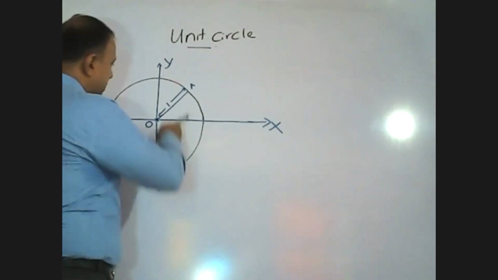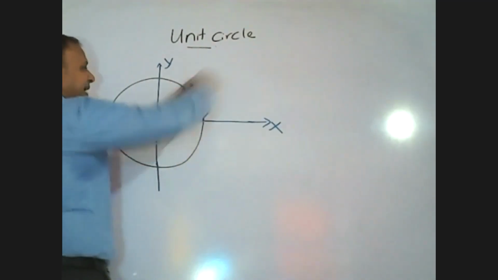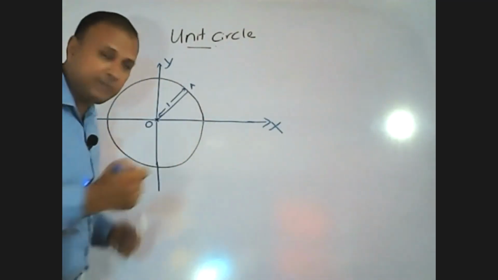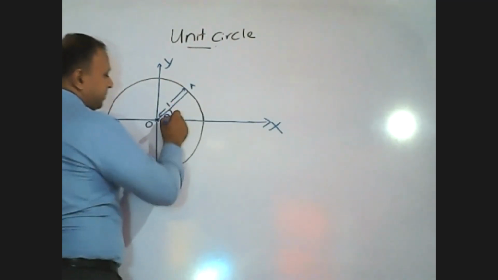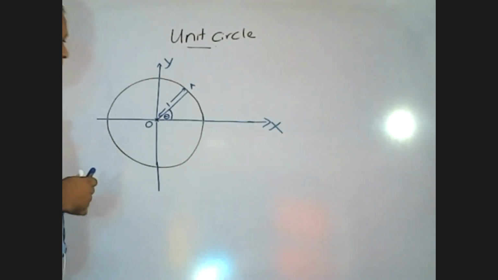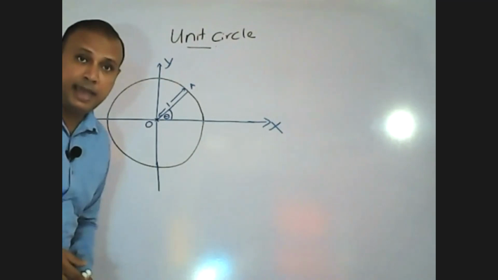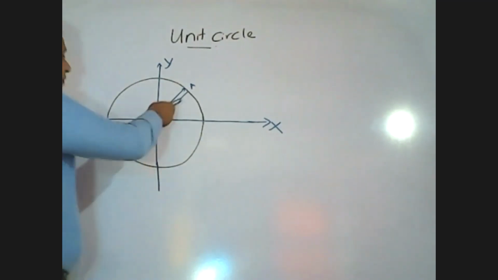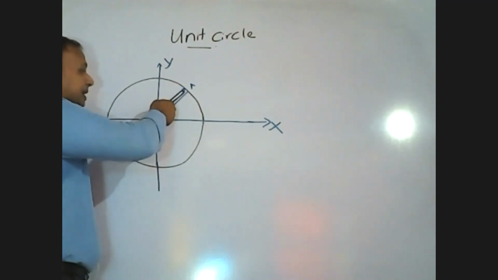Suppose we take this line segment OA, and suppose this OA line segment is inclined to the OX axis by angle theta.